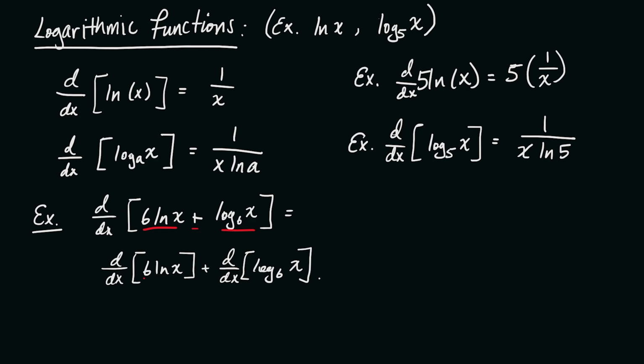Since we know that 6 is a coefficient, we can bring it to the outside because of the coefficient rule. And this would equal, by taking the individual terms, 6 over x plus 1 over x ln of 6. And that is our answer.